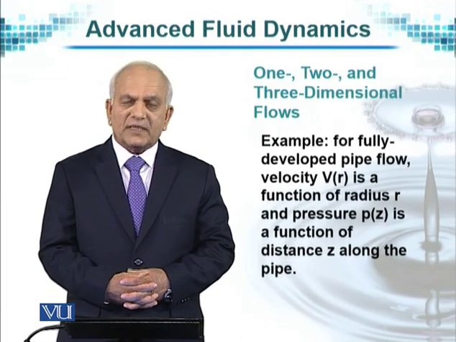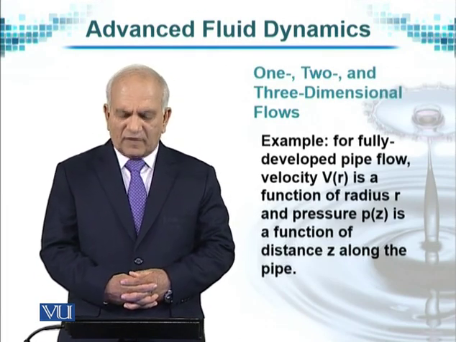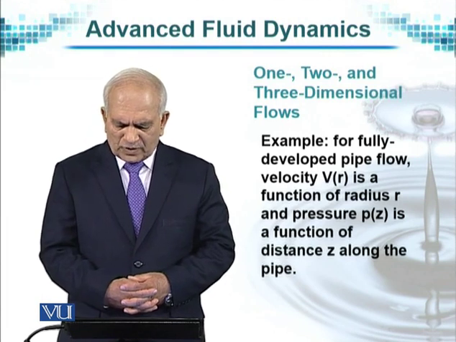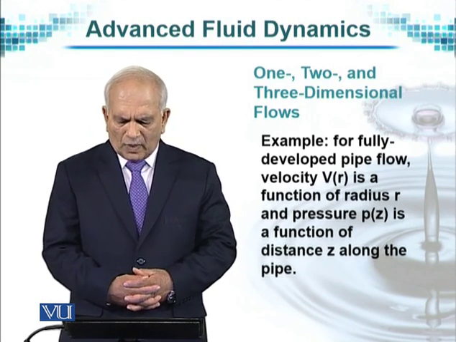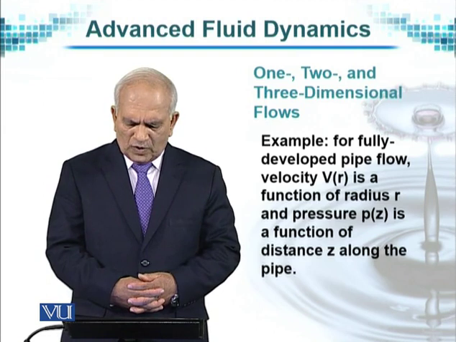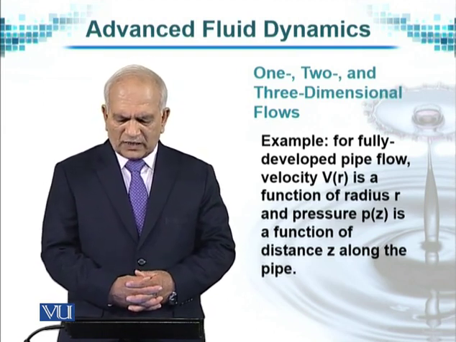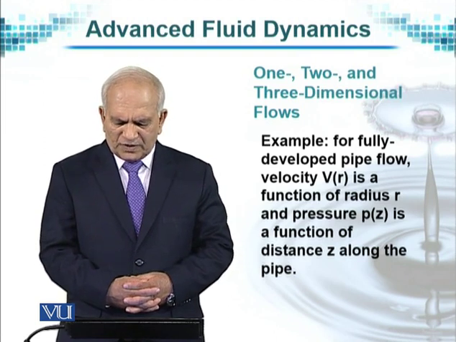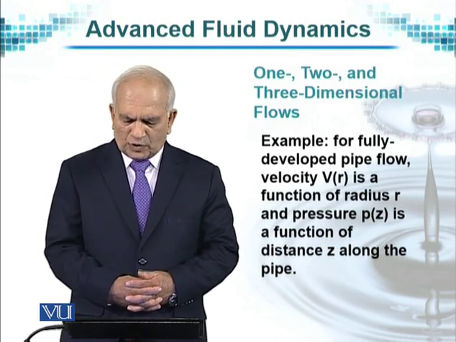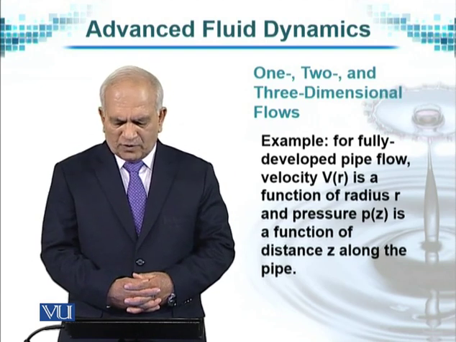Here we consider the same example that I have mentioned earlier, where the fluid flow is developing in the pipe with a velocity v that is dependent on r, as we have seen, and it's a function of r, and also the pressure which will depend on z.